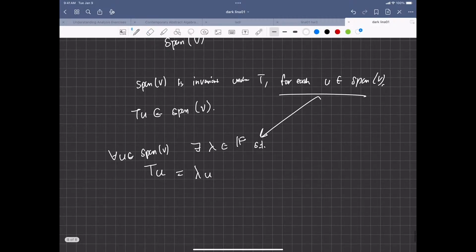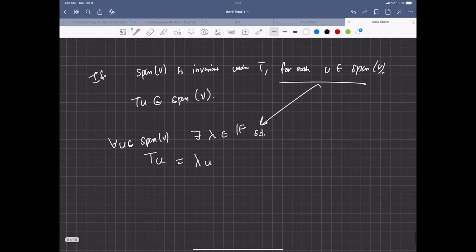So if the span of v is invariant under T, that means for each u in the span of v, Tu equals lambda u. And why is this true? Again, because this is the definition: the span of v is equal to all possible scalar multiples of v.